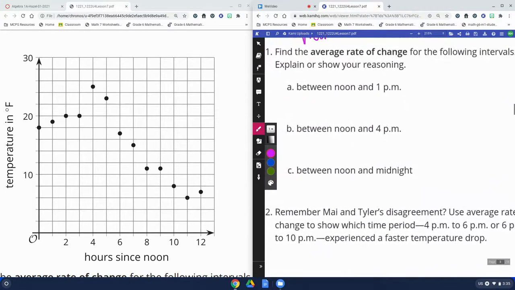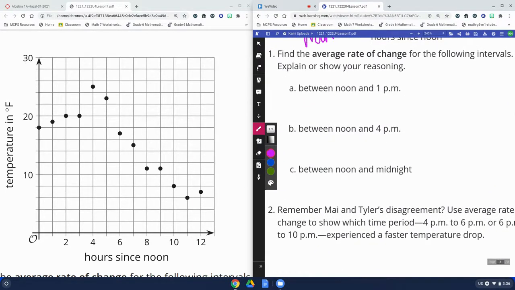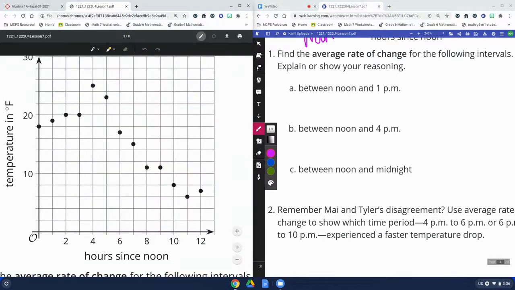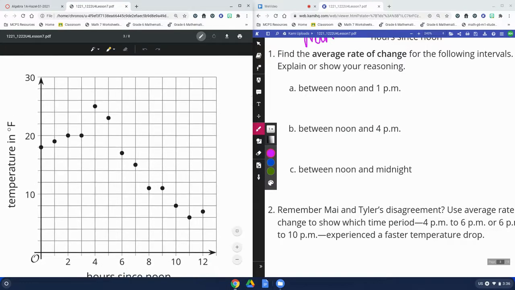So it says, find the average rate for the following intervals and show your reasoning. All right. So between noon and 1 p.m., right? So the temperature at noon is here.